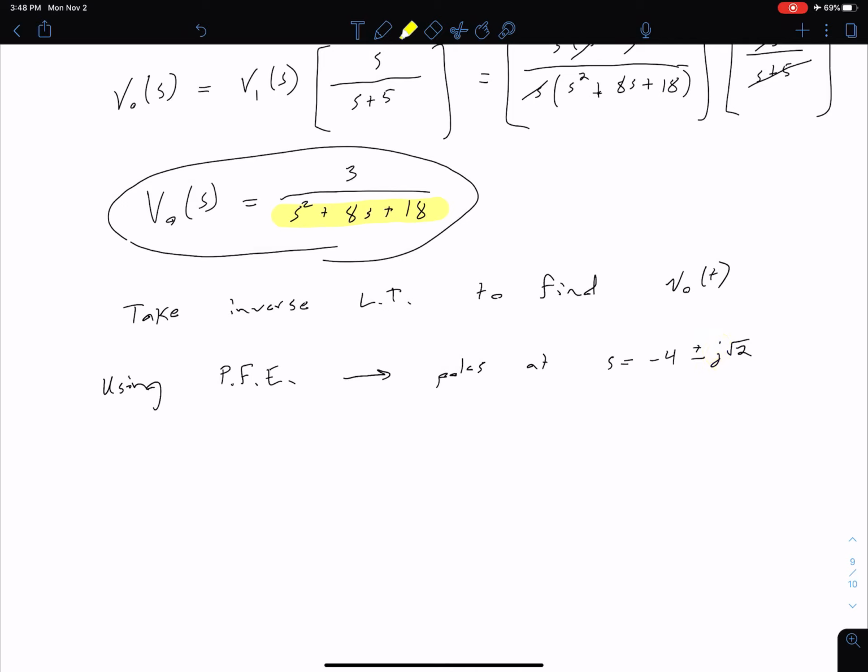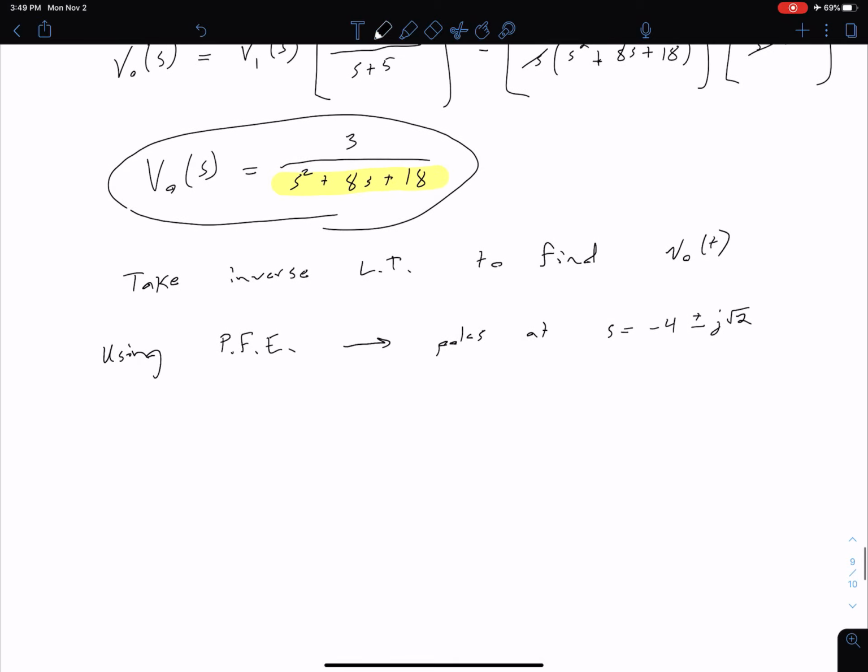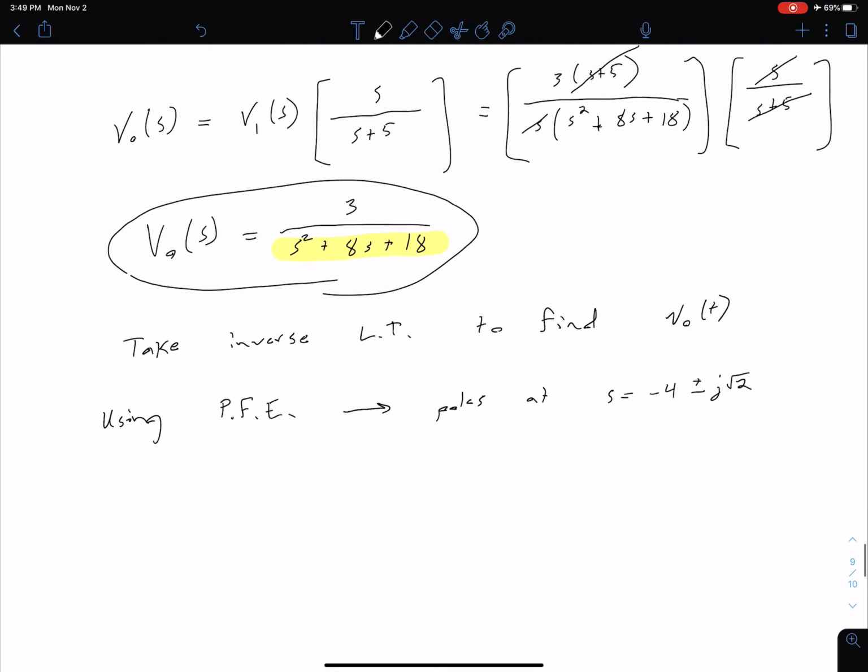We could go through that process where we saw for case 3, I believe it was, for our inverse Laplace transform of distinct complex poles, and we could solve for that, but there's an easier way to do this. This is something that comes with practice, but what we could do is rearrange the form of this function a little bit.